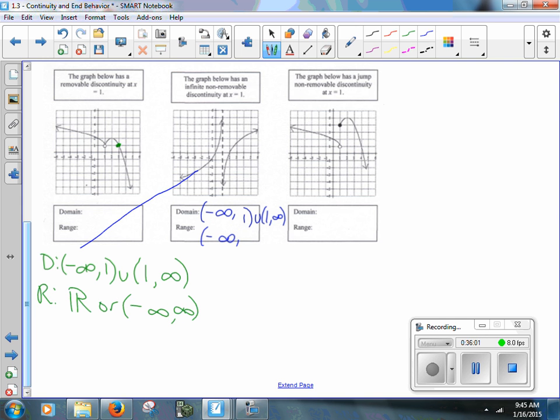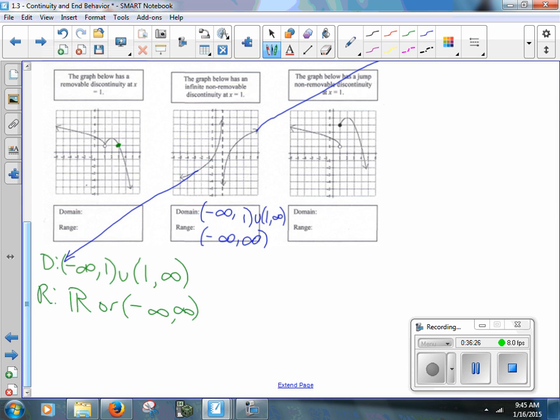Negative infinity means it's going to keep going down, right? Okay? So it's all the way down here. But what about up here? Positive infinity, isn't it all reals? Y'all? How many of you say yeah, all reals? Do you understand? Yes? No, or maybe?